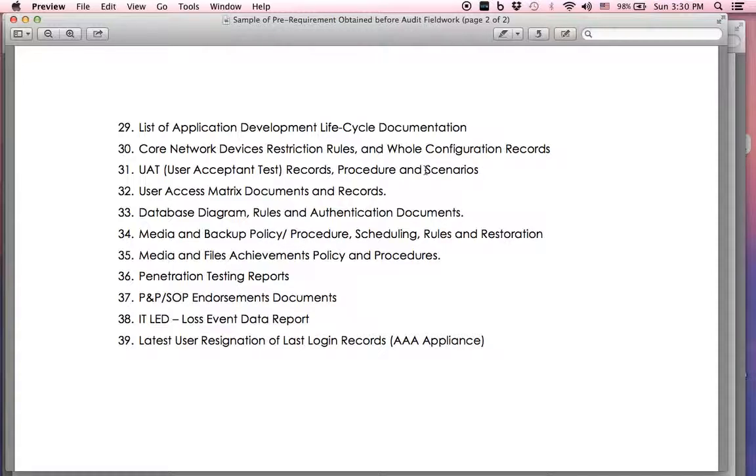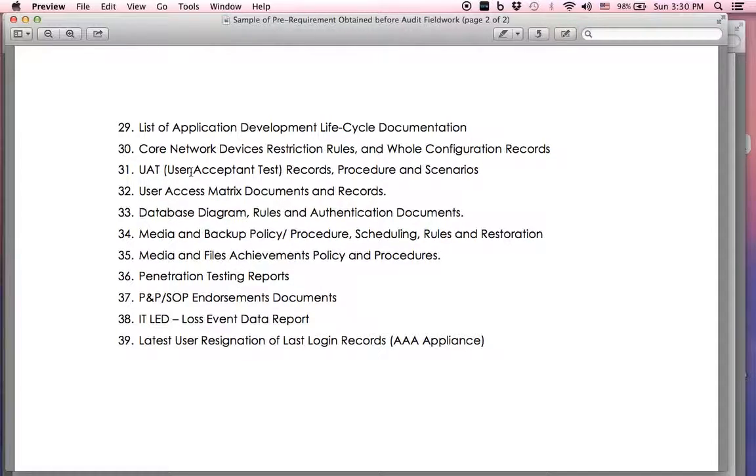Is it a happy scenario or a worst scenario? Or we can say the scenario tested by the tester is tested in the positive way. How about the negative test? So the auditor will assess whether the scenarios defined are appropriate or not.